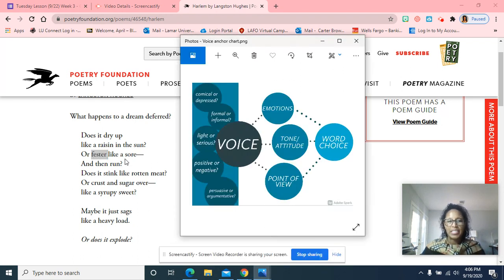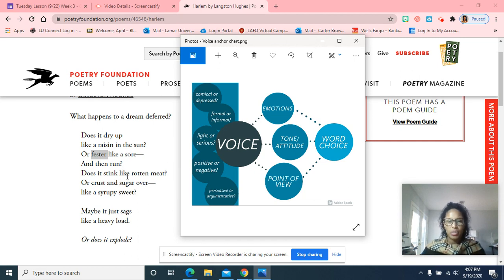And if he's saying, does it fester like a sore, then that means it's a sore that's pussy and oozing and just, ugh. You think of nasty, it's just gross, right? Or does it stink like rotten meat? If it stinks, that's something else, that it's not a very pleasant smell that's coming to mind, right? Or does it crust over like syrupy sweet? So we know what crustiness is like.